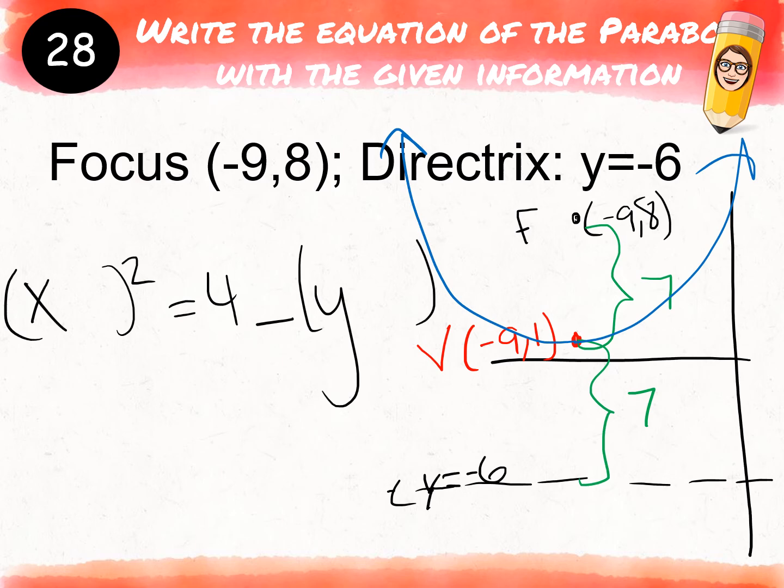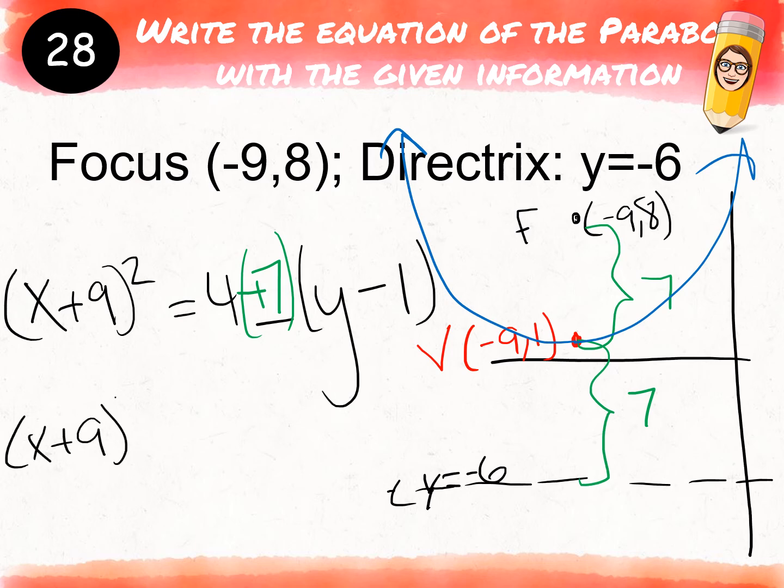My vertex is (-9, 1), so that means I'm going to add 9 to the x, subtract 1 from the y. And I just wrote in green here, the distance between is 7. It's opening upwards, so it's a +7. Let's tidy it up. (x plus 9) squared equals 28(y minus 1).